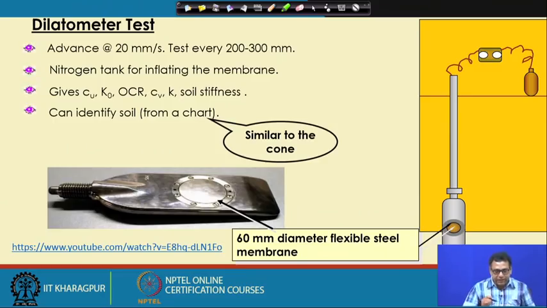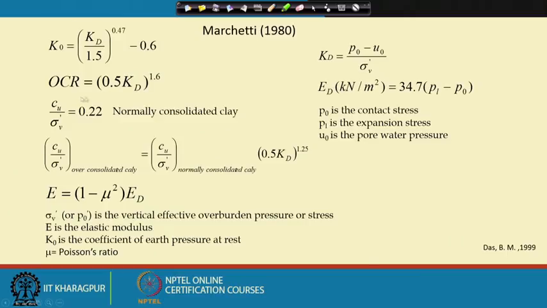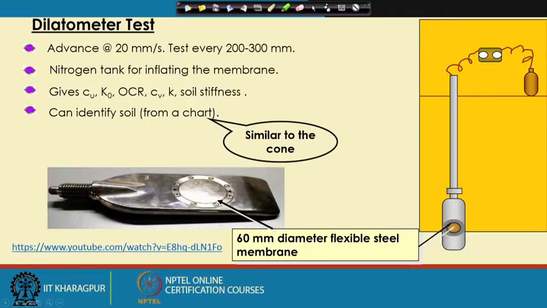Now, the next test that I will discuss is the dilatometer test. This is also another in situ test, where it is pushed into the soil at a rate of 20 millimeter per second. Here also inflation of the membrane takes place, and we use a nitrogen tank to inflate it.